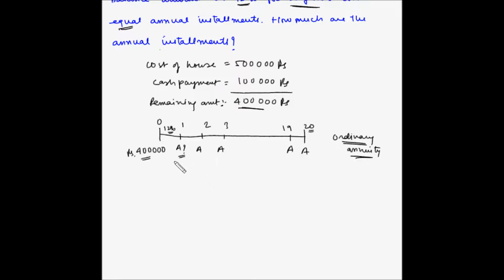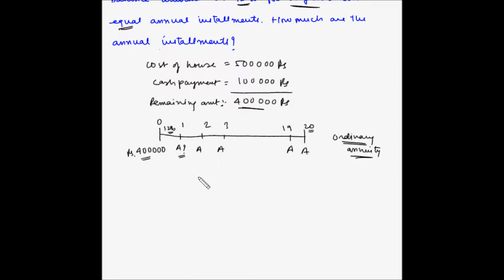Now there are multiple methods of solving this. We can use the formula for present value of an ordinary annuity, or we can use the table for present value factors of an ordinary annuity, or we can use the financial calculator. All these methods have been discussed in the previous videos for present value of an ordinary annuity.